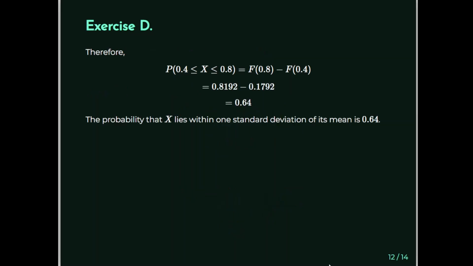Essentially what we're interested in is the difference of the two numbers. That is 0.8192 minus 0.1792, which is 0.64. So the probability that x lies within one standard deviation of its mean is 0.64. And that is us done. Great.